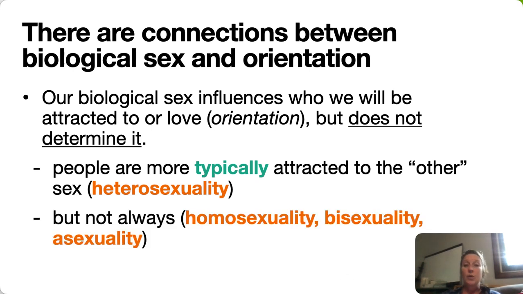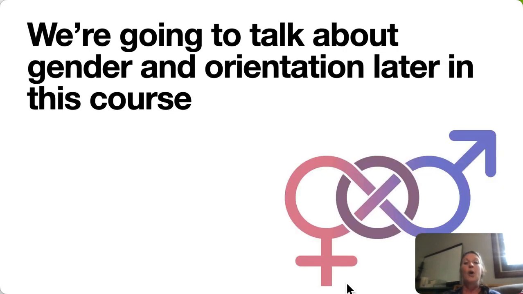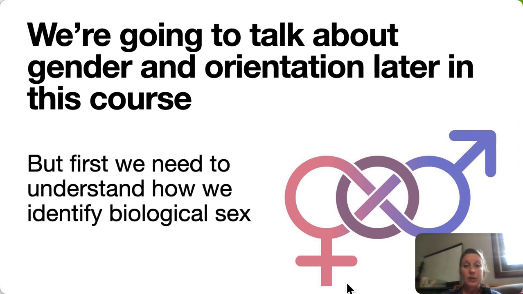There are people who are attracted to the same sex, homosexuality, to both sexes, bisexuality, to neither, asexuality, and all kinds of other sexualities, orientations that we're going to talk about later in the course. So, we'll get to gender and orientation later. First, we need to understand how we identify biological sex.